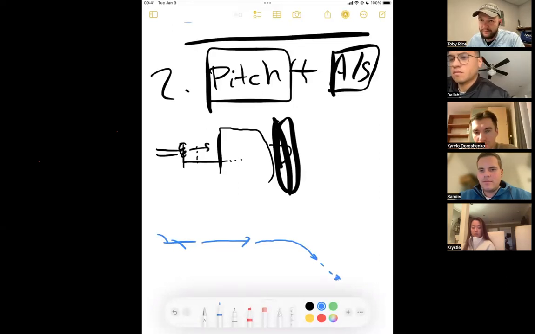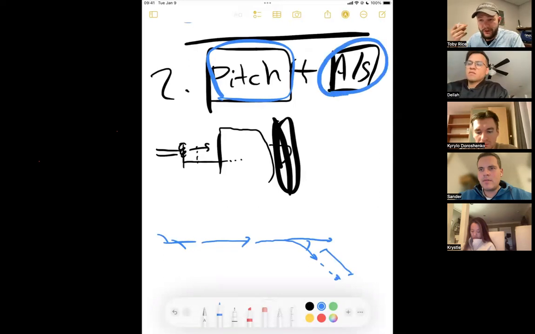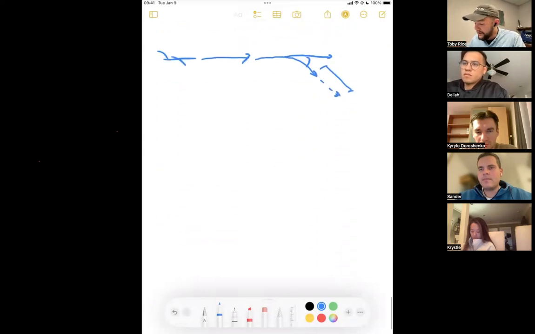Now, it takes a minute for it to speed up, and over the long term, it will speed up. But immediately, its flight path vector changes. So it's important to think of pitch as long-term airspeed, but short-term, it's flight path, it's trajectory.